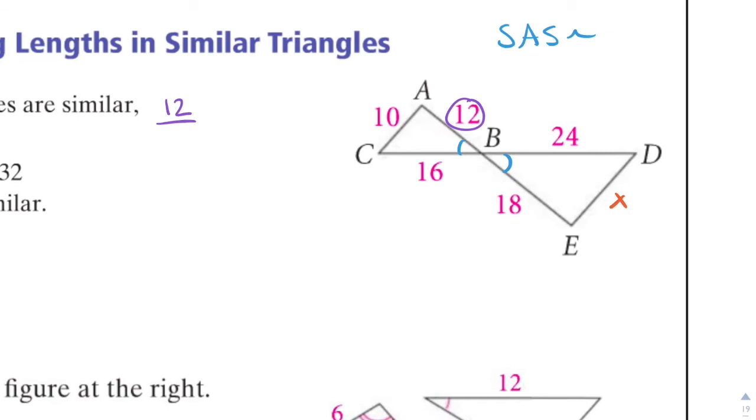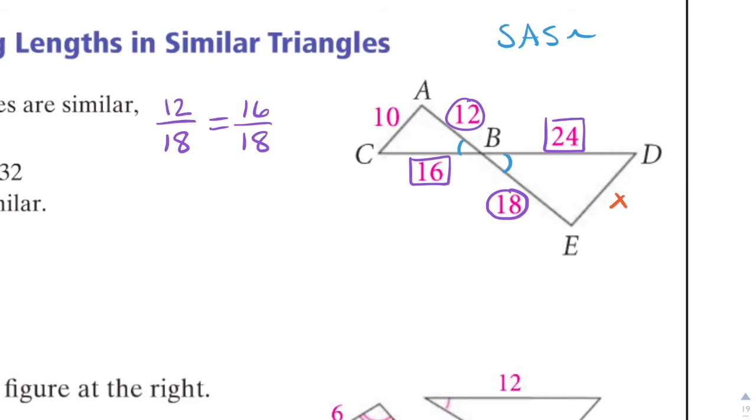So when I go over to the other triangle, I need to take the smaller one, the 18, because again, that is also connected to the angle because the angle is included. So I'm going to take the two shorter ones, 12 and 18, and compare them to 16 and 24. I should get that they are proportional, right?